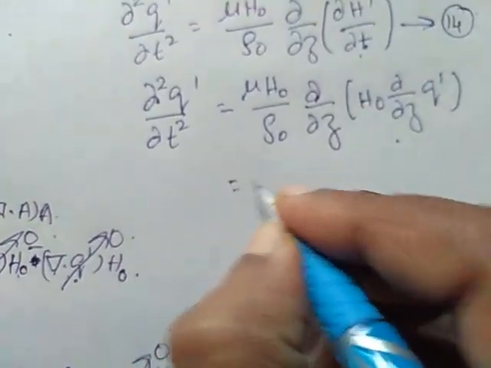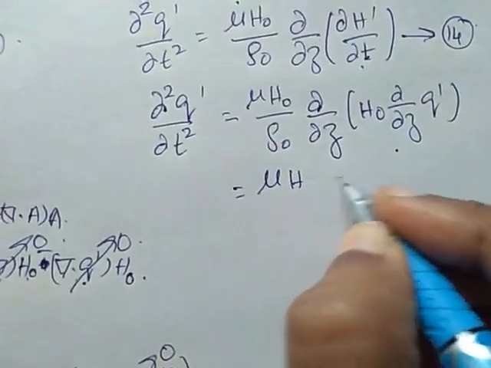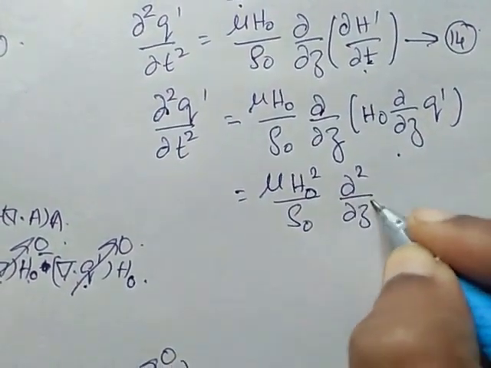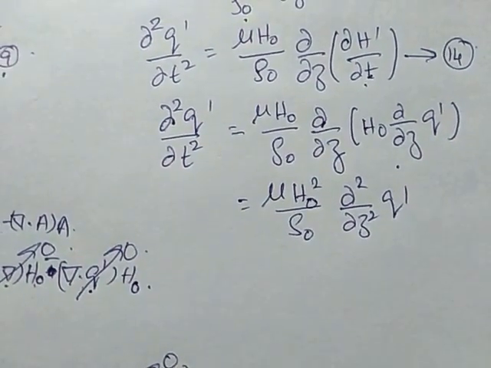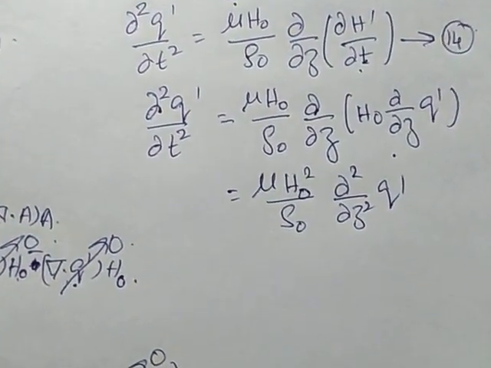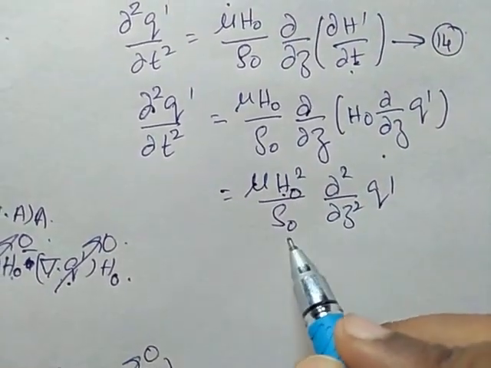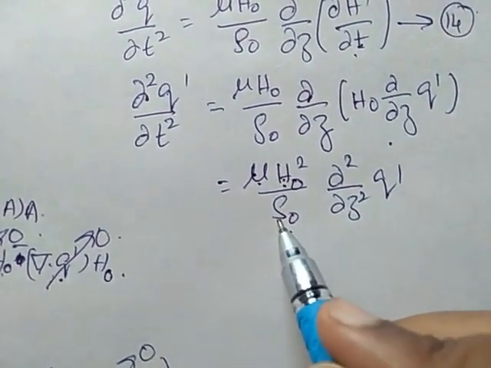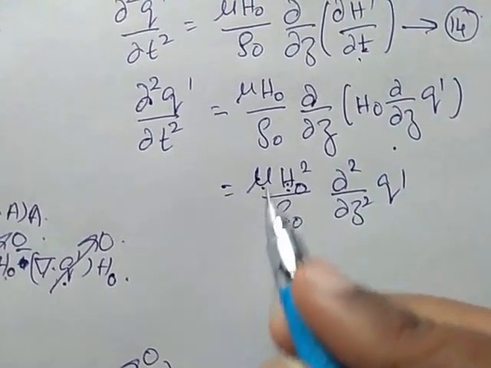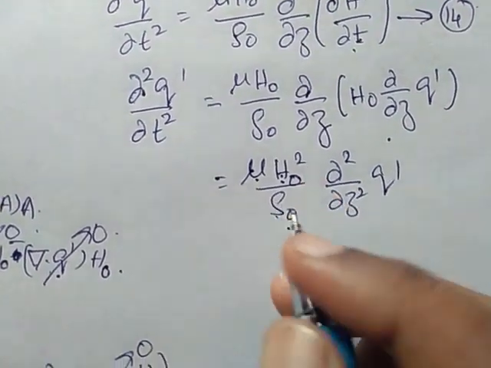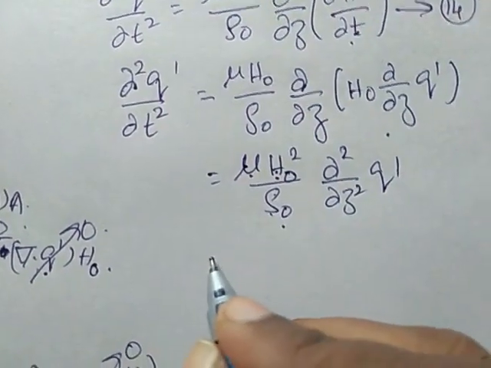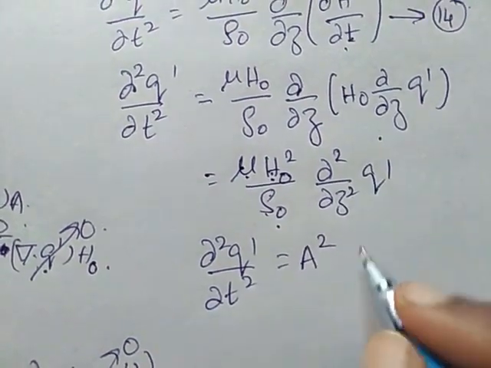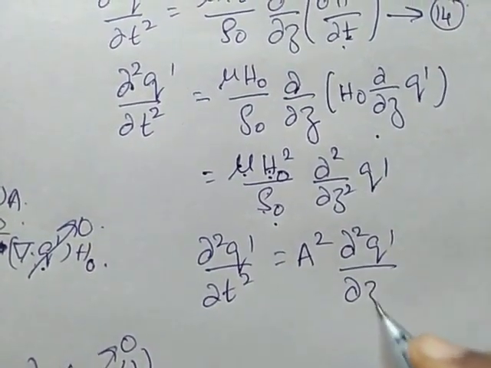So this becomes mu H naught square by rho naught dou square by dou Z square of Q dash. Because the permeability and the magnetic field are constant and the density is also constant, I'll take it as some constant A. Therefore, this equation reduces to dou square Q dash by dou T square equal to A square dou square Q dash by dou Z square.